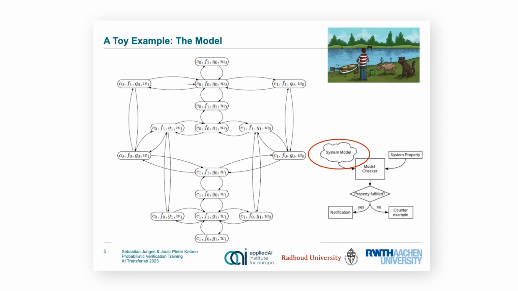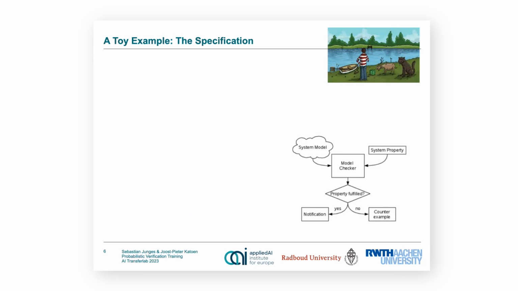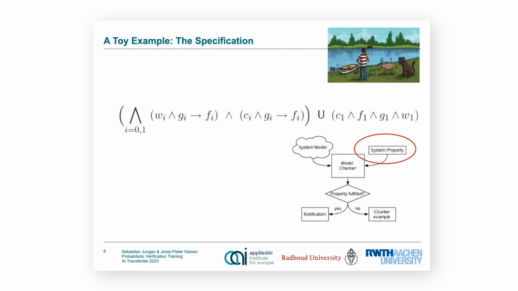So what do we do next? We will have a property. That's the specification of our system. And in this case, the specification looks like this. It's a temporal logic formula that says our objective is that we have everybody on the other side of the riverbank, and that you see after the until operator, C1 and F1 and so on.